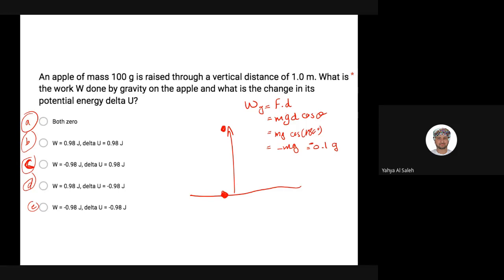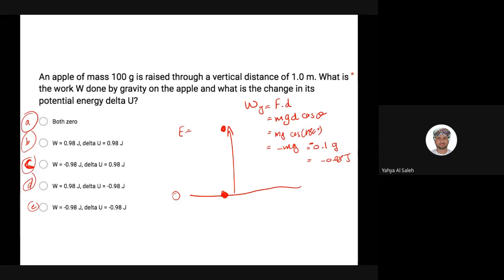If this is correct, then my final energy here will be what? If I start with 0 and I go through minus 0.1 g, this will be minus 0.98 joules.